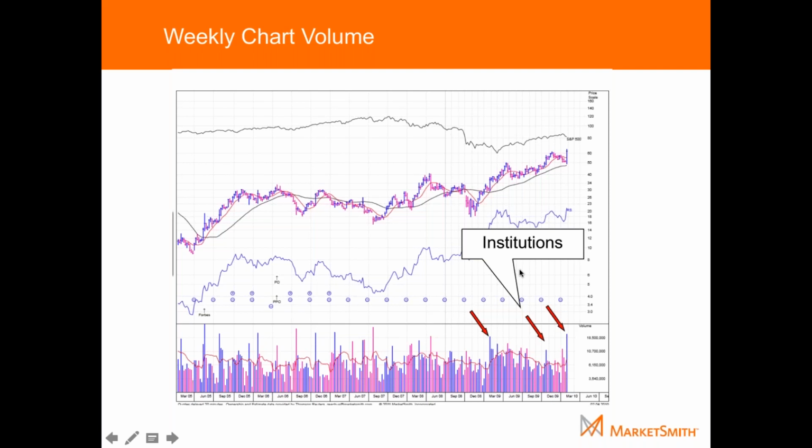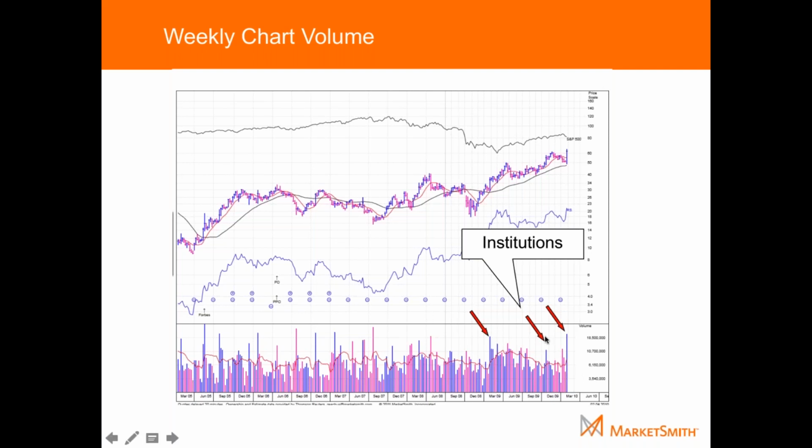So here's a great example of a stock that is showing massive accumulation. I wrote institutions right here because you can see these skyscrapers of accumulation. This is a weekly chart, and generally this stock trades about 6 million shares per week.